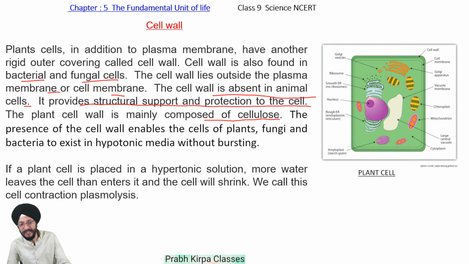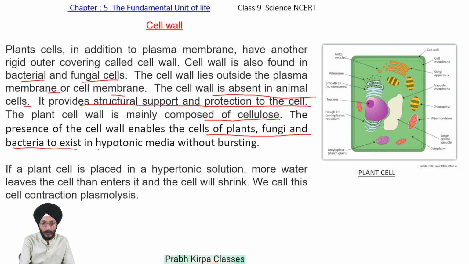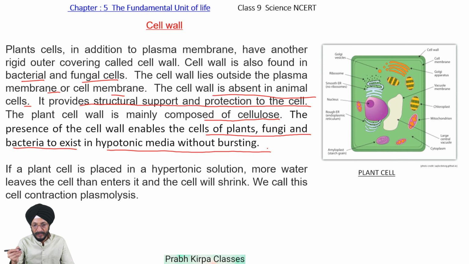There may be a question in the exam of what substance the plant cell wall is made up of. So the answer is cellulose. The presence of the cell wall enables the cells of plants, fungi and bacteria to exist in hypotonic media without bursting.